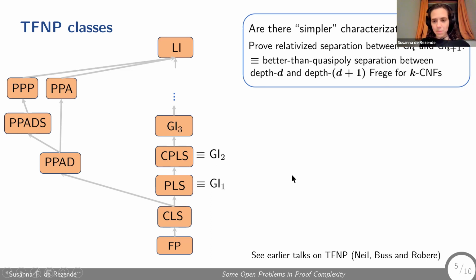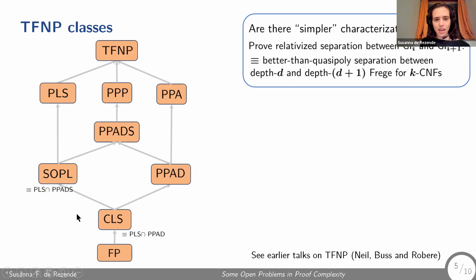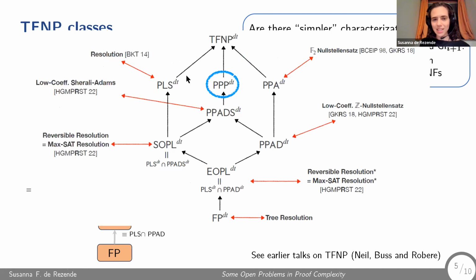Now restricting ourselves more to this lower part of the TFNP classes, we have a relation that looks like this. And as Robert showed us in his talk earlier today, these classes all have relations to different proof systems. So PLS is related to resolution, and we have PPA-related and other classes, which relate to tree-like resolution.